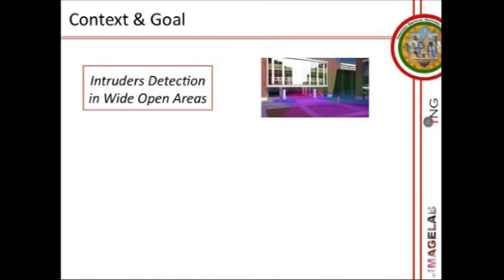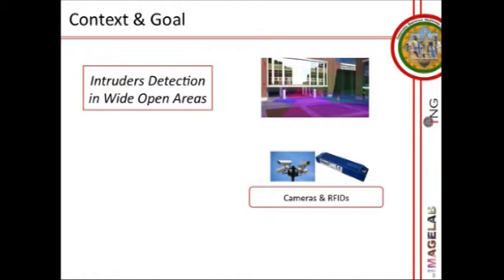The events we are looking for are intruders in wide open areas. Wide open areas have this challenge between localization and identification task, because identification requires a zoomed view to see, for example, a person's face, while localization needs an unzoomed view to cover more area.